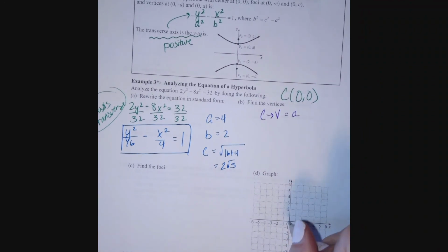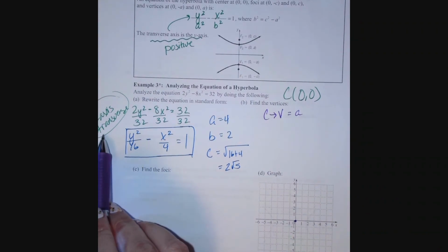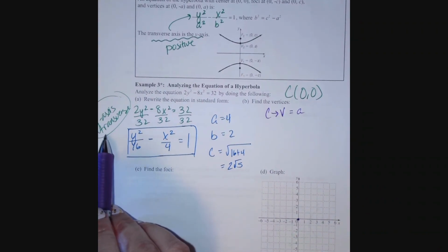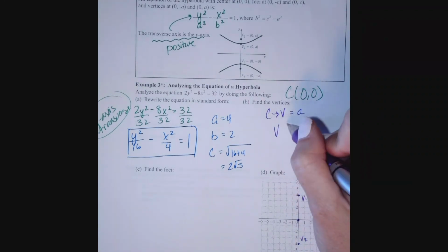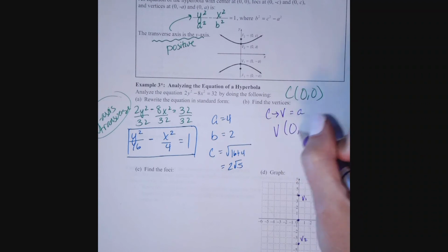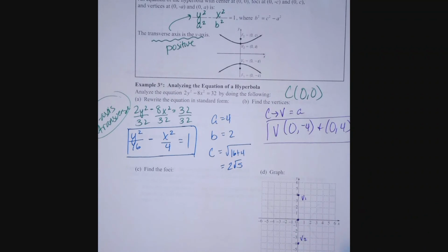Since my center is at 0, 0, my y-axis this time is my transverse axis. I am going up and down 4 to get to my vertices. So this is vertex 1 and this is vertex 2. The location of those vertices is 0, negative 4 and 0, positive 4. That's where my vertices lie.